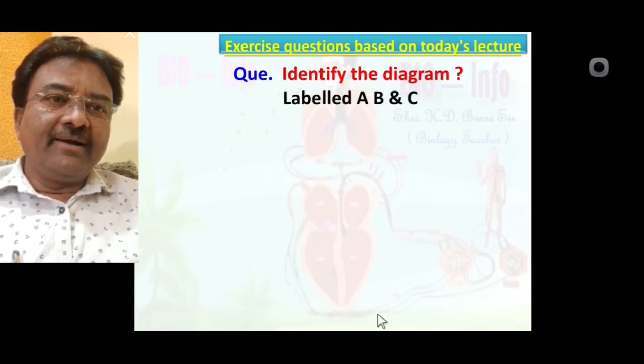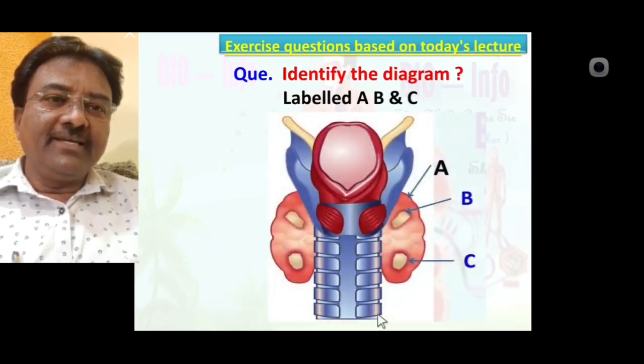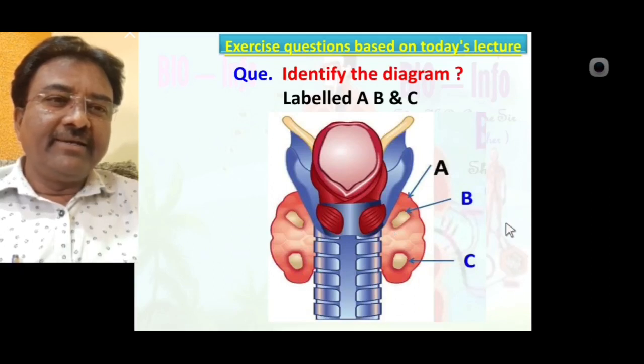Identify the diagram and label A, B, C. Yes, this diagram is the parathyroid gland. B means superior parathyroid gland and C means inferior parathyroid gland. A is the thyroid gland lobe.